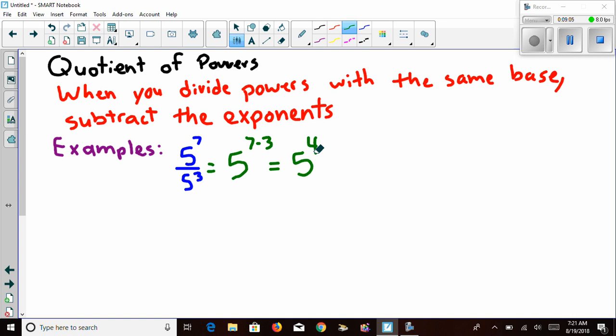As a bit of practice, we know 5 to the 3rd is 125, so if I want to find 5 to the 4th, I'm going to multiply that by 5. Let's see, 25, carry the 2. 10 plus 2 is 12, carry the 1. 6. So my answer is then 625.